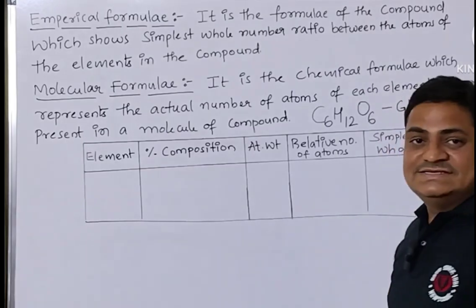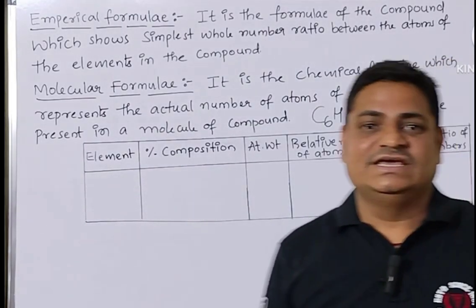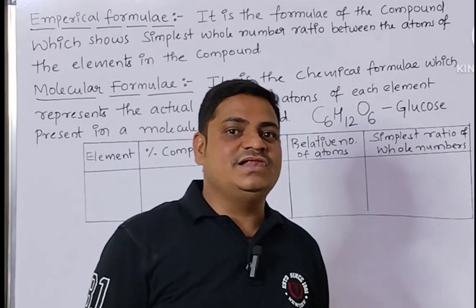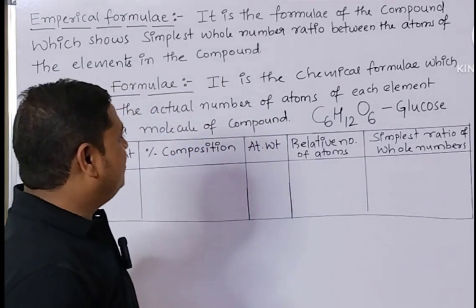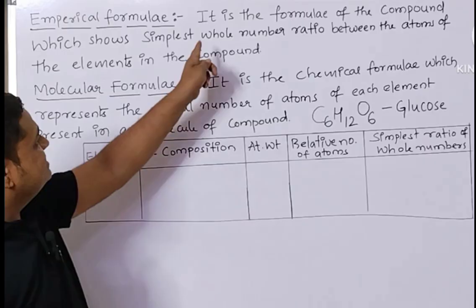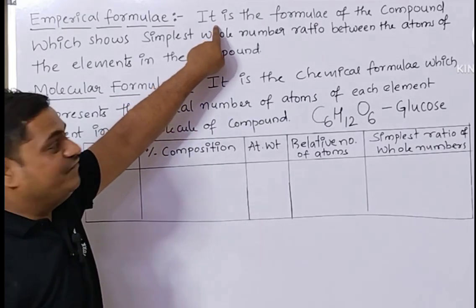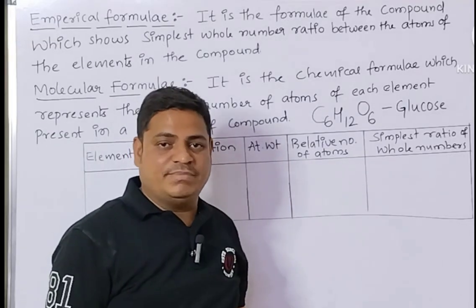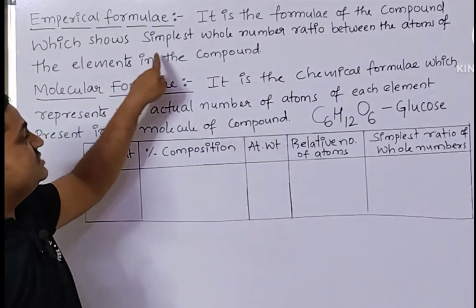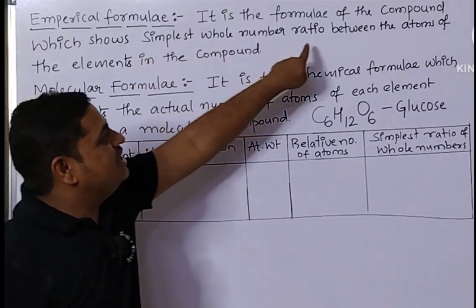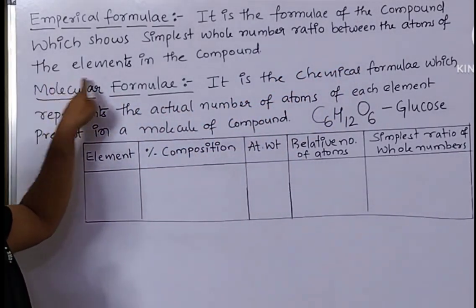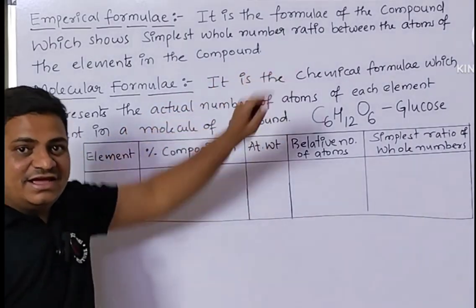The molecular formula is C6H12O6. Then what is the empirical formula? How do you define it? The empirical formula is the formula of a compound which shows the simplest whole number ratio between the atoms of the elements in the compound.